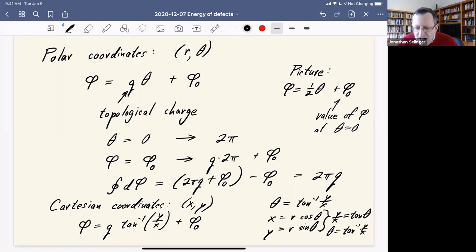And you can see a whole bunch of examples where I put in different values for Q and phi 0. And that's how I generated the pictures, right? So I got this phi, and then I said n is the cosine phi sine phi.